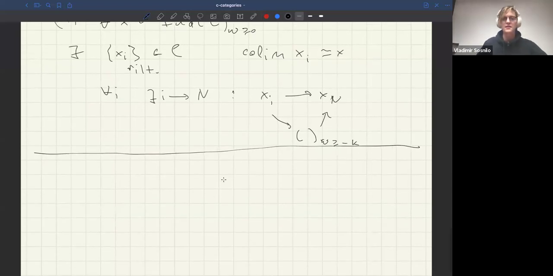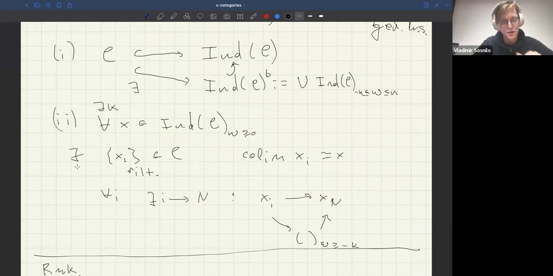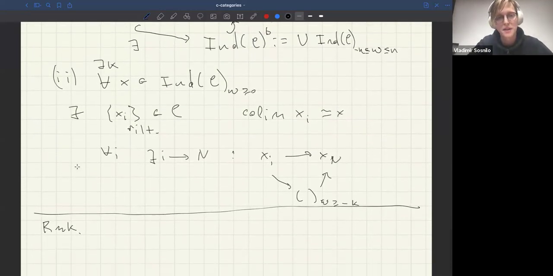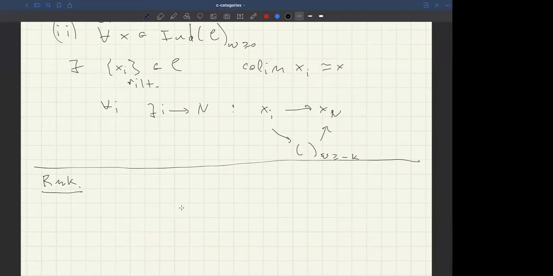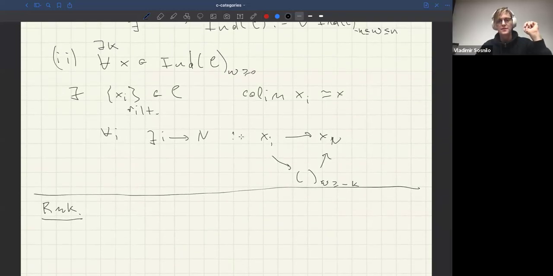Okay, so yeah, remark. These conditions might look a bit huge, but let me just try to emphasize. Sorry, what does it mean, exists i to n? So yeah, we have a colimit over some filtered category, and for any object i there exists a morphism i to n in this filtered category such that this is satisfied.